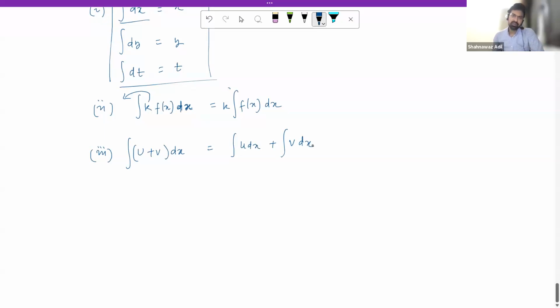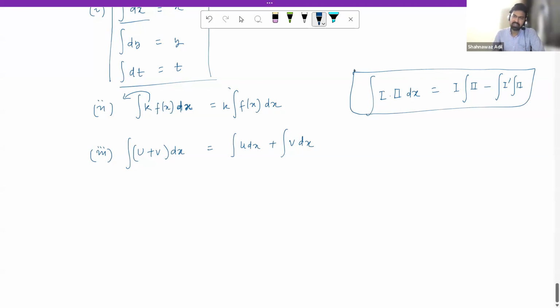But we don't have a multiplication rule. There is a multiplication rule, but we don't have to study that. If we have a product of two functions and want to integrate it, you have to take out one and integrate the second, and then in the next step take the differentiation of the first part and integrate the second.